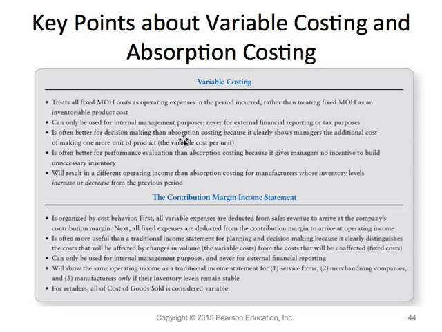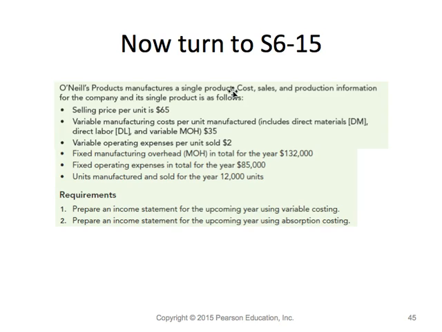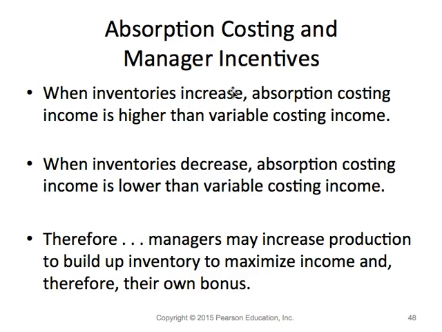But many companies nowadays use variable costing for internal use and internal decisions. So here is an example in the book. I think we are getting to an hour. I'm not going to do that one here, and this slide is a pretty simple one.